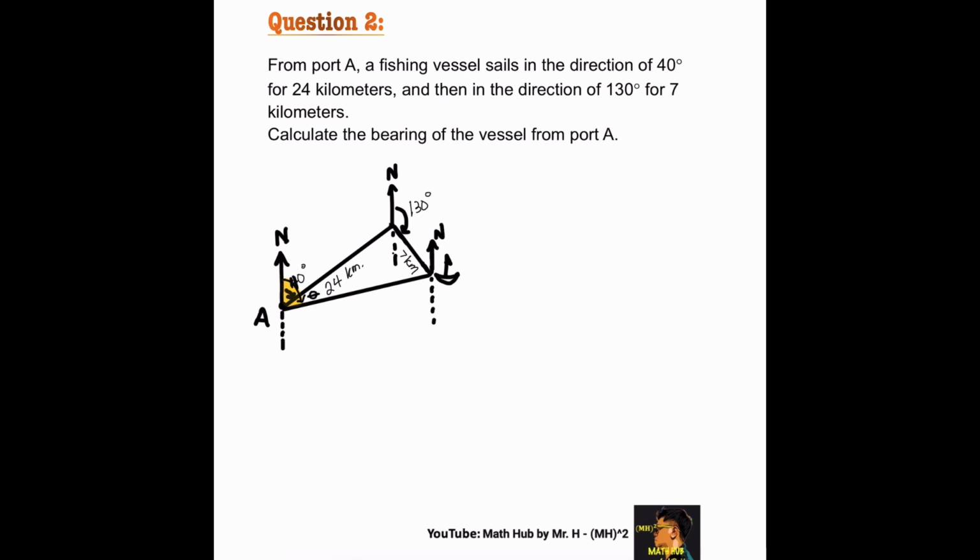So as you can see from the drawing, there's a triangle that's formed. All right, but let's see what kind of triangle this one is by considering the given information. All right, so this one is 40 degrees, is given. If you can see this north line and this north line, they are parallel to each other.